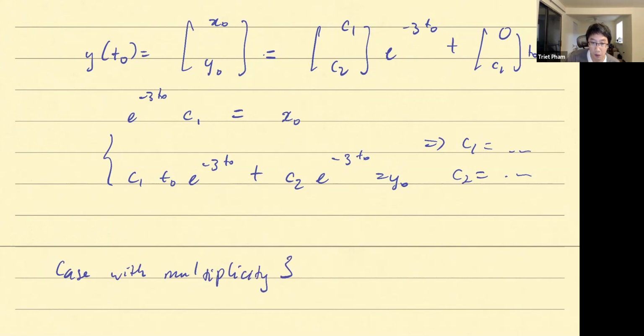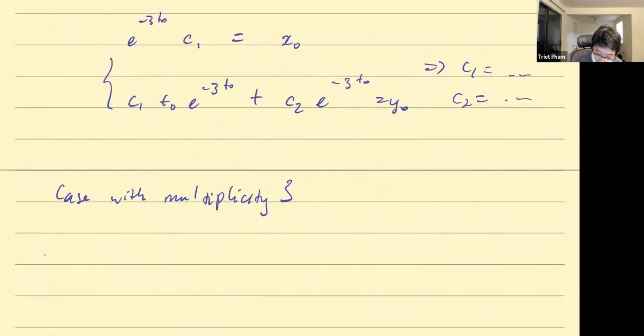And the example that we're stuck with last time, let's look at this. The example one is when we have 1 0 0, 2 1 0, 1 1 1.